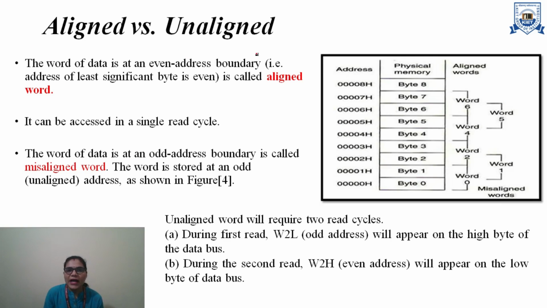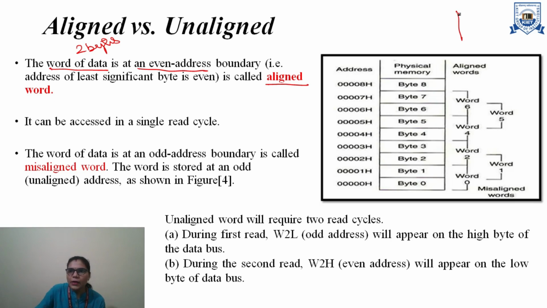Aligned versus unaligned. Whenever data is stored in memory, the aligned and unaligned storage concept comes into the picture. If a word of data, meaning 2 bytes, is stored from the even address, then the data will be called aligned.